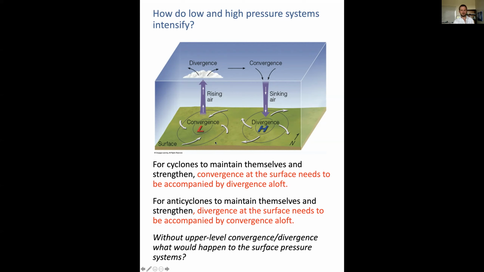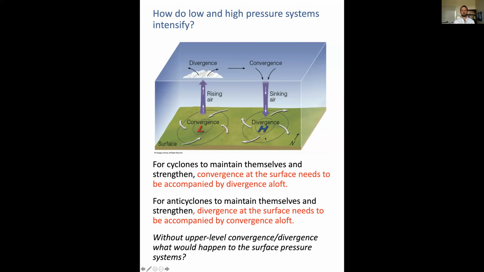Okay, so that's why it's super important for low pressures to maintain themselves that this divergence happens aloft in the upper levels of the atmosphere. Same is true for a high pressure system, where we need convergence in the upper levels in order for the sinking air to happen, in order for this divergence to continue to happen.